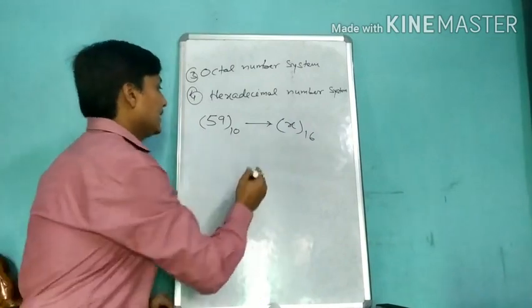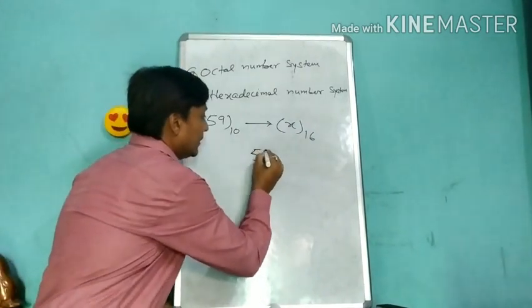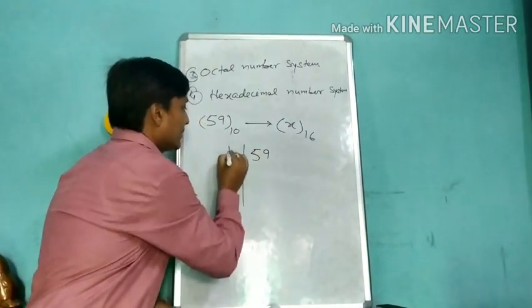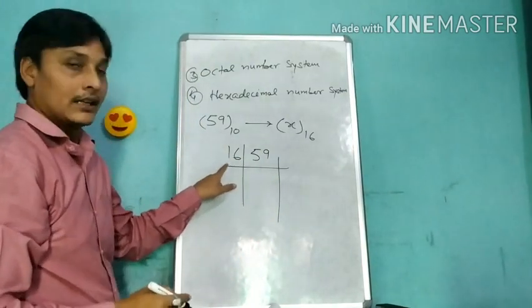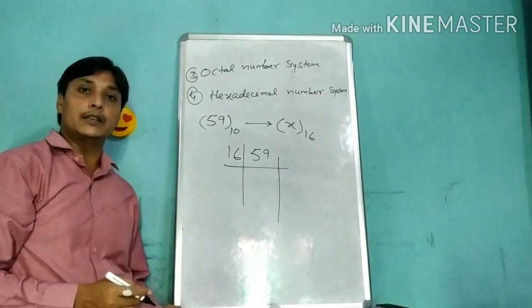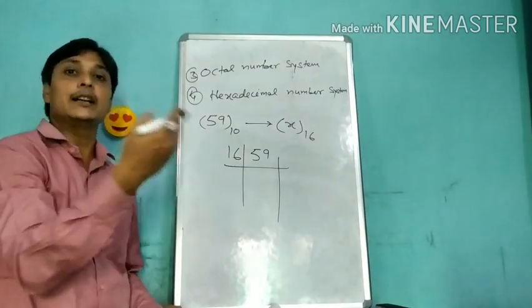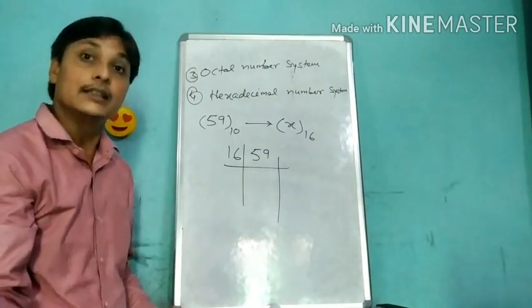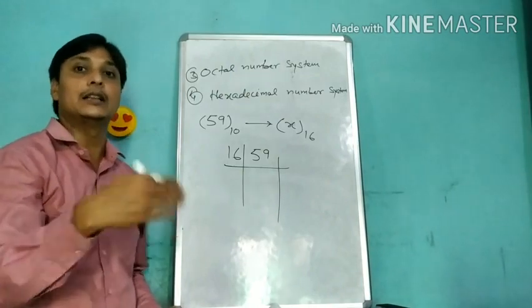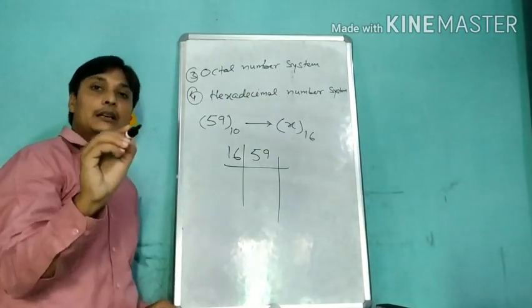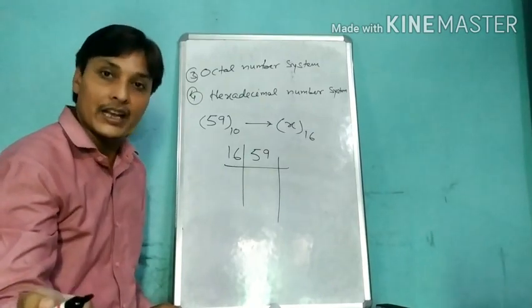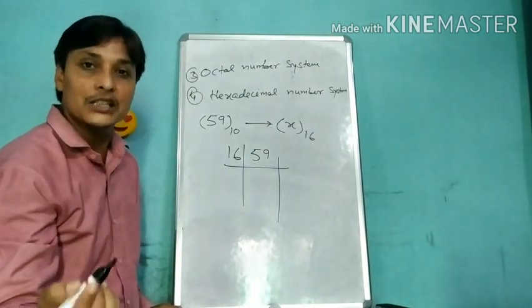We will divide 59 by 16. What is the base of hexadecimal? 16. In the case of octal, what were we doing? We were dividing the decimal number by 8. In the case of binary, we were dividing the decimal number by 2. Likewise, here we will divide the decimal number by the hexadecimal base, and the base of the hexadecimal number is 16.